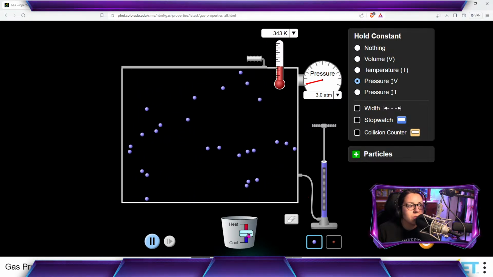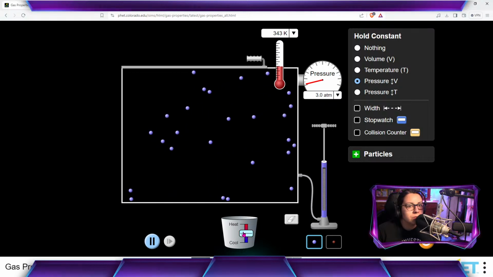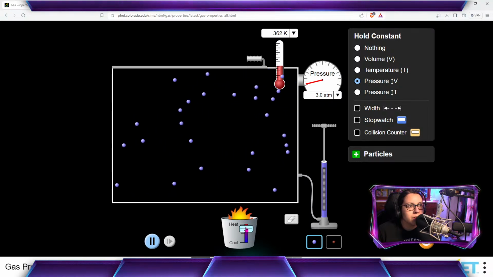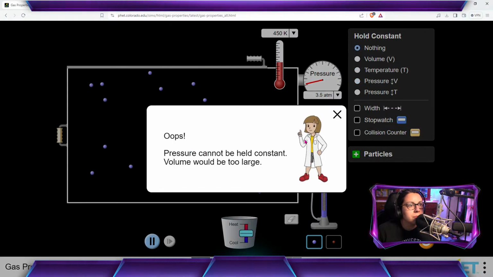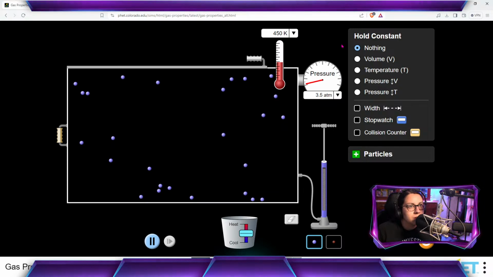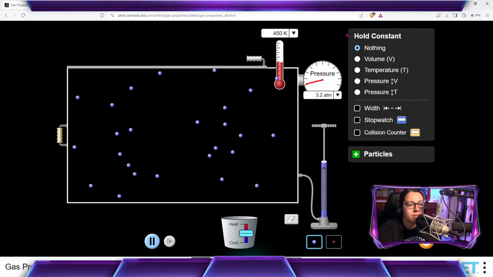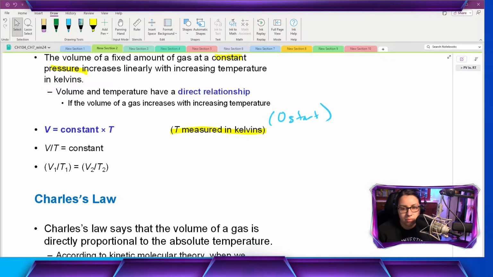I wish I had a volume measurement, but you can just see the box. Then I maxed it out there. So that's always fun to play with, and that might help you.